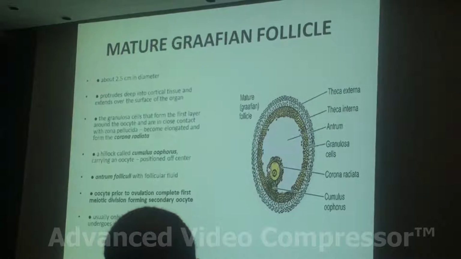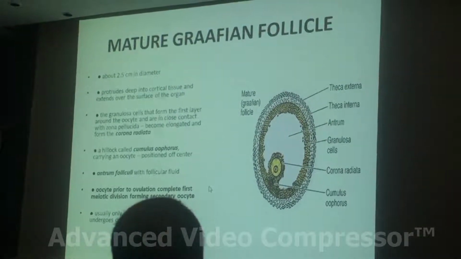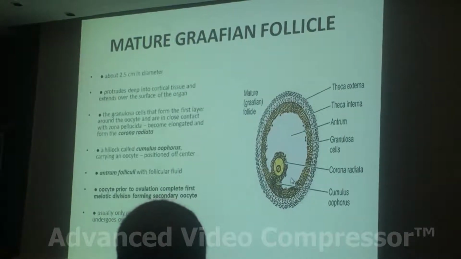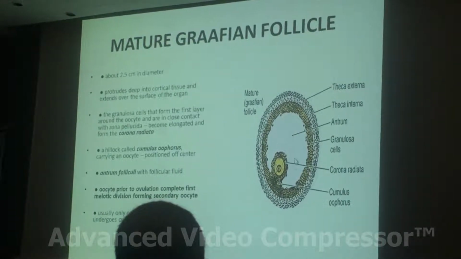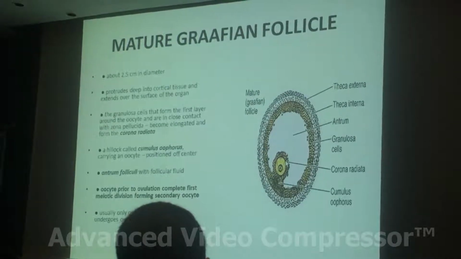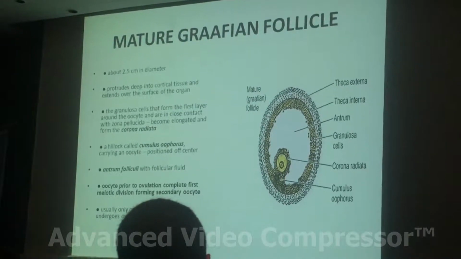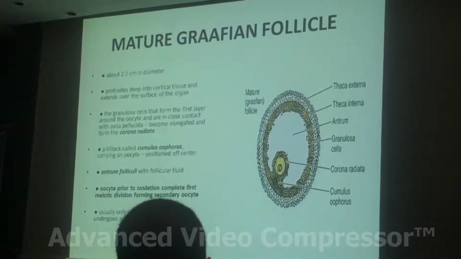Corona radiata. You have to know these. Then the fallopian tube or uterine tube awaits the sperm, and these are the layers that the sperm has to penetrate. At first the sperm has to penetrate the corona radiata, then the zona pellucida. But what will happen to the remainder of the follicle? The remainder of the granulosa and the theca that remain in the wall of the ovary.